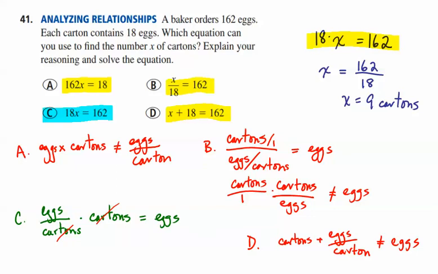When the cartons cancel, eggs equal eggs, and that is our correct answer. Neither of the other three could possibly work there. So my goal here is to show you how to use the units of measure in a problem to think about the possible answer and what units of measure the correct answer should have and must have.